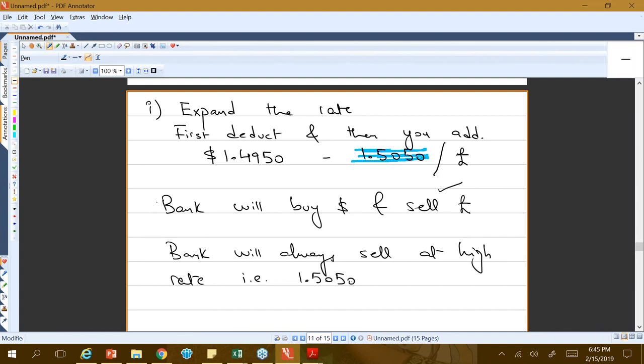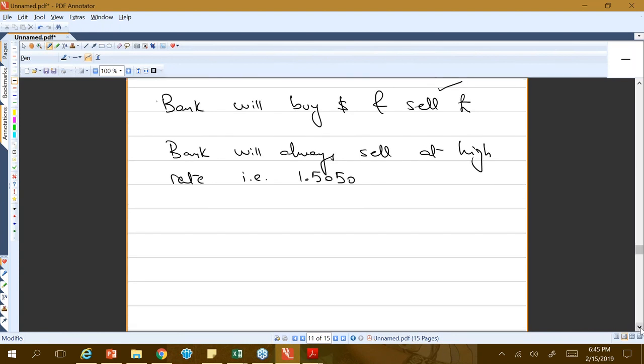Now, I've also got a quick memory aid for you to do this quickly. If the rates are in FX/home format and we are receiving, we always use the right-hand rate, or the higher rate.